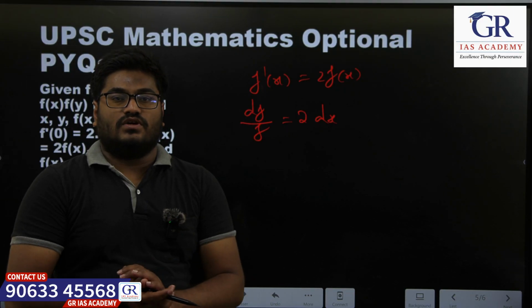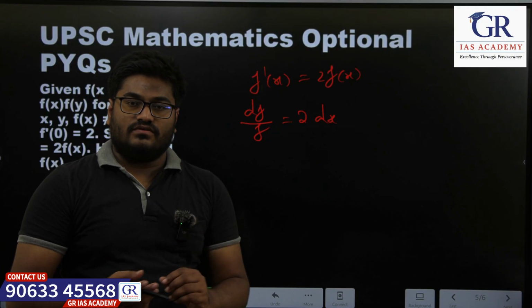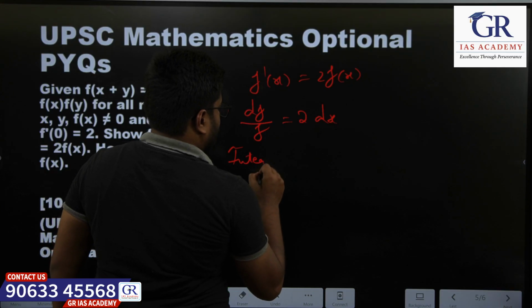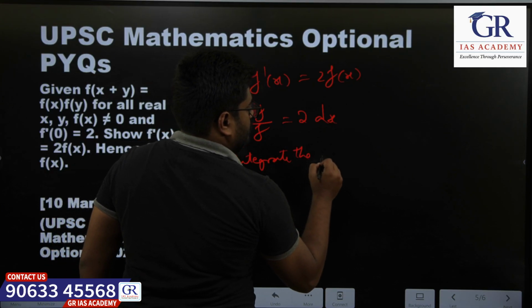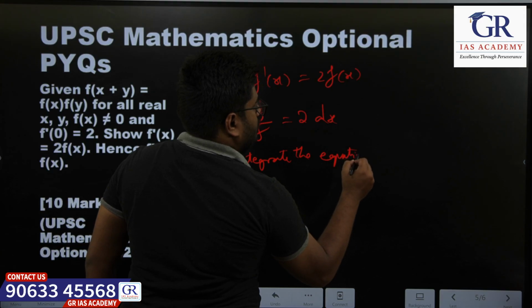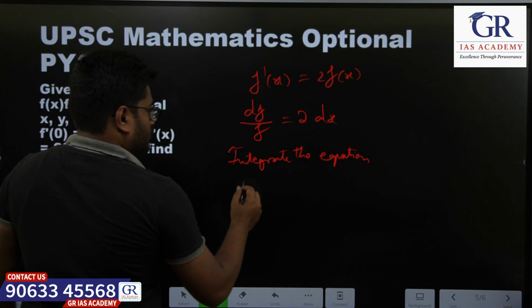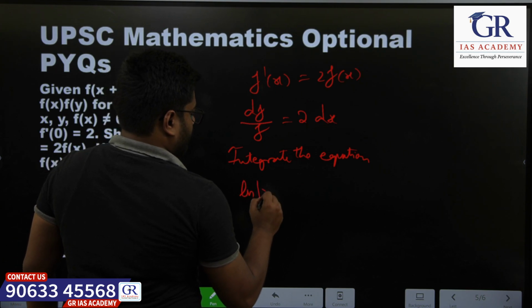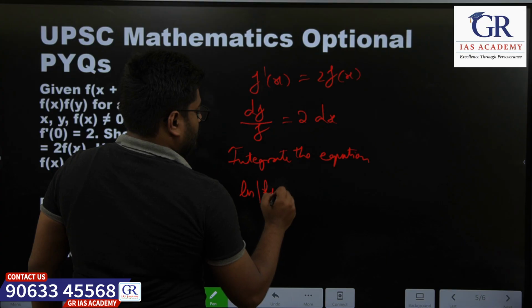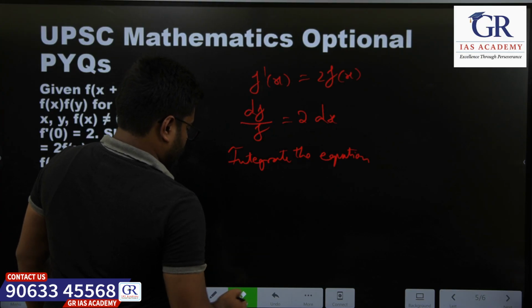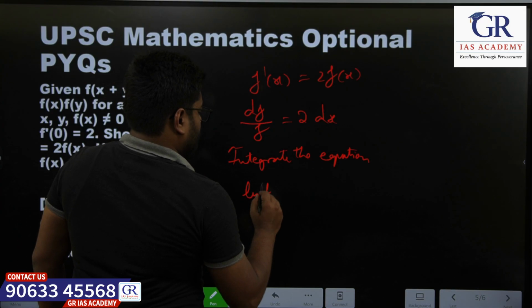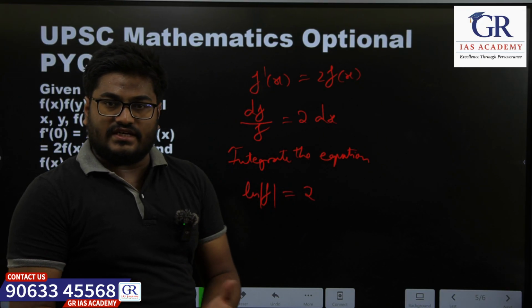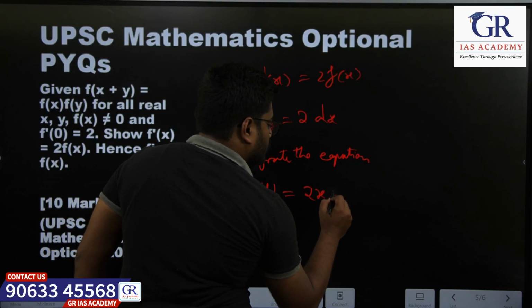It is the logarithm. So let's integrate the equation with respect to x. So 1 by f becomes log of f, that is f of x. We can write it simply as f for now, equals 2 into dx, integration of dx is x, so 2x plus a constant.